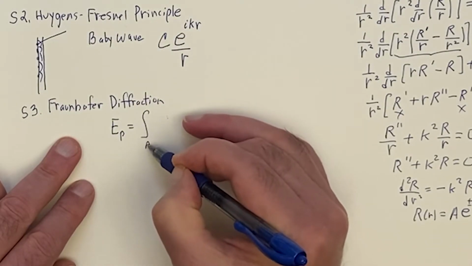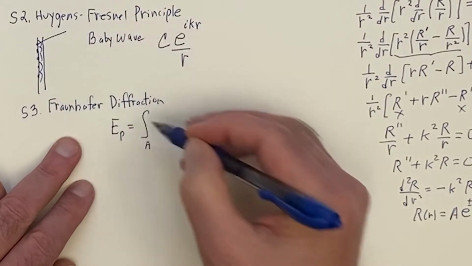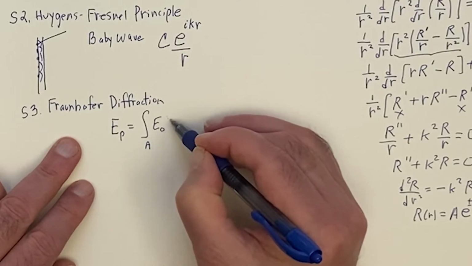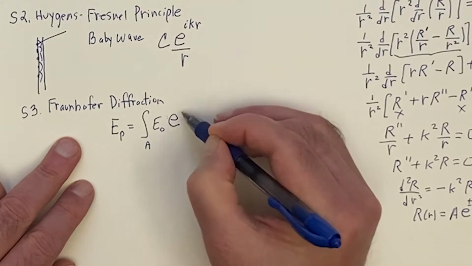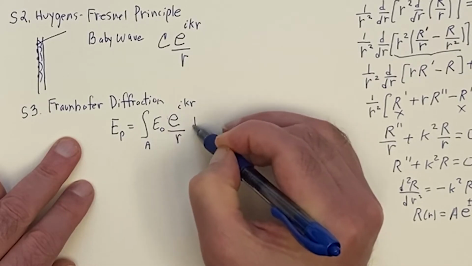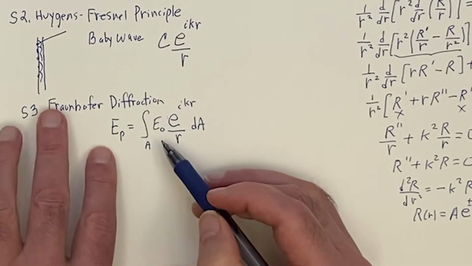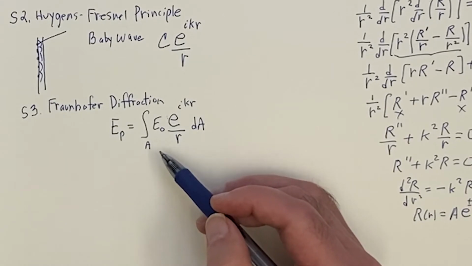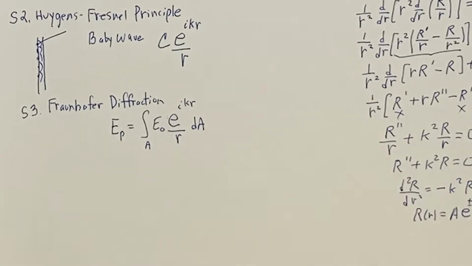We're going to integrate over the aperture or the source region, say E naught e^(ikr) over r dA. So this is the whole idea of what we're going to do. We'll be doing a few problems today, and then we'll do some next class. All right? Fraunhofer diffraction.